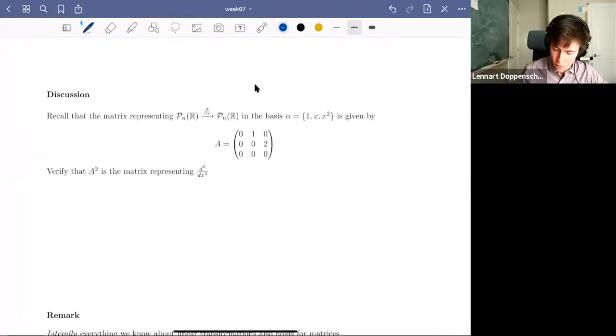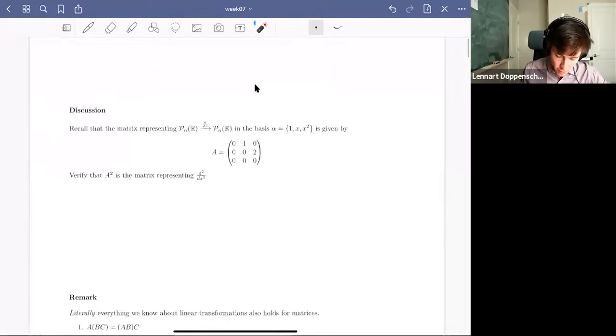We've seen before that if you have a polynomial and you have the linear transformation which is given by taking the derivative, then in the standard basis of monomials 1, x and x squared, this transformation, which is linear, has this matrix as a representation.